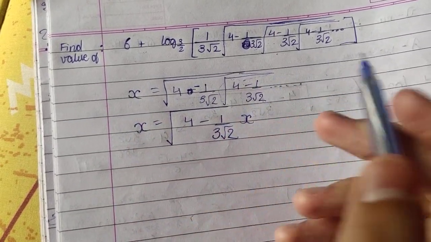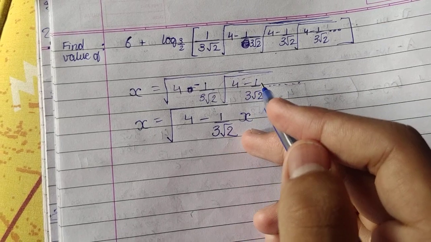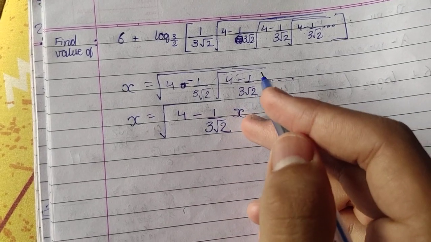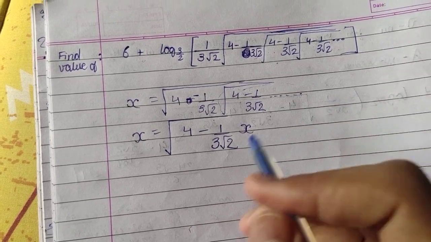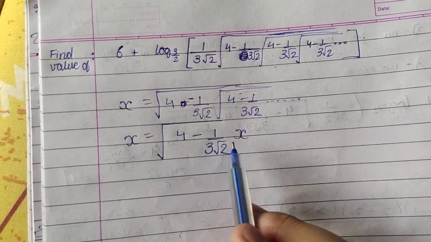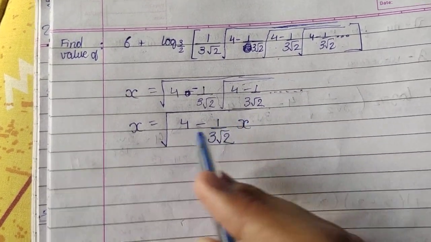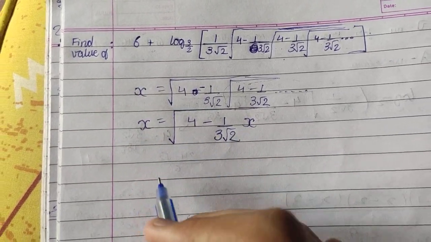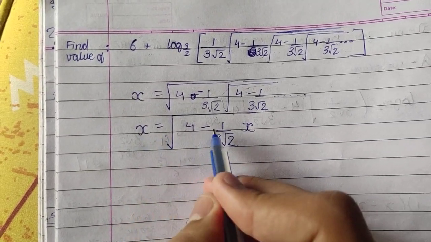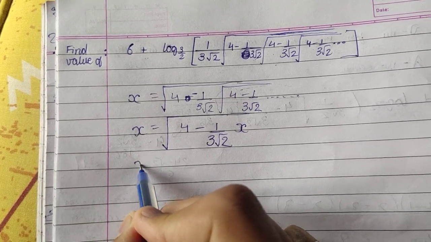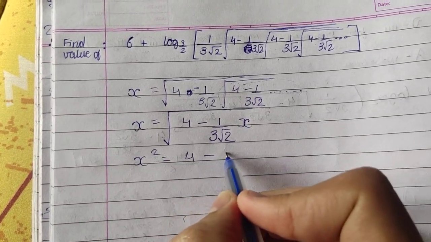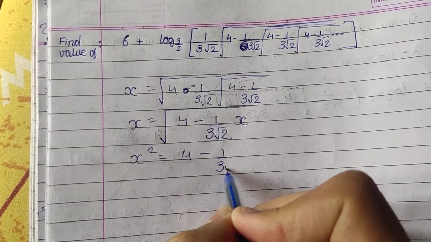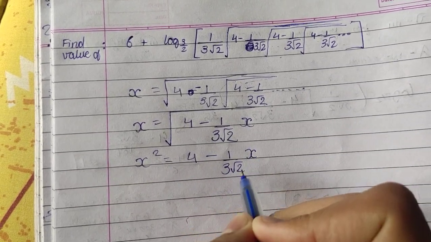So this term will also be x. 4 minus 1 by 3 root 2, again 4 minus 1 by 3 root 2, that way. Now I'll solve for x here. So I will square both the sides, LHS and RHS. So I'll get x square is equals to 4 minus 1 by 3 root 2 x.